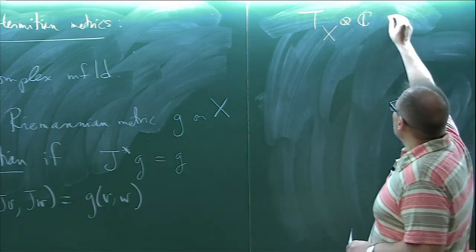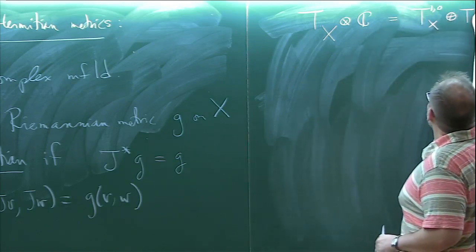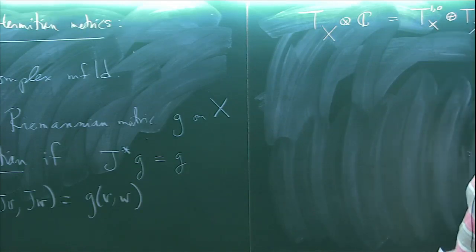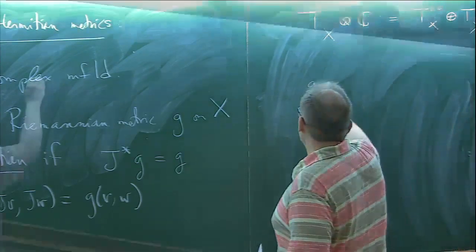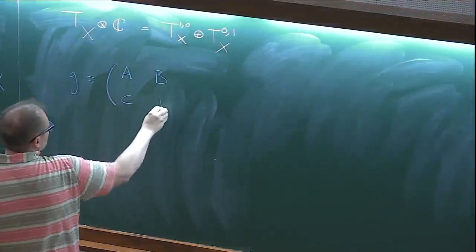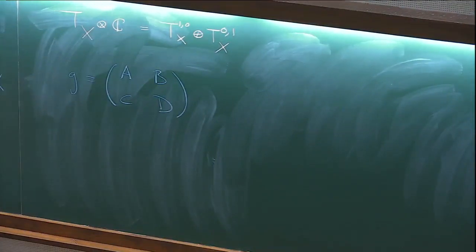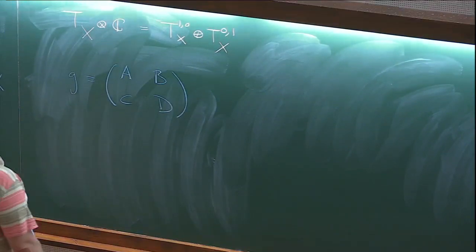But then you can look at what happens to it in terms of this splitting that we've been discussing. In terms of the splitting, this metric will be given by 4 quantities. I'm not going to work out what these quantities are. I'm just going to tell you the answer, and you can do this either following the notes or try to do it on your own. It's not so difficult.